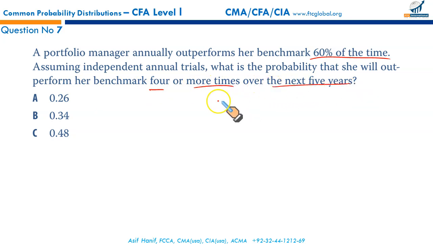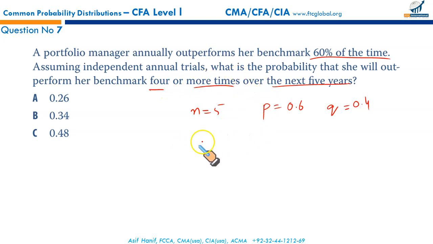Now here we have n is equal to 5 years. The probability of success is 60% or 0.6. Probability of failure is then 0.4, of course, 40%. And what we are looking for, the probability of success in 4 or more times over the year.